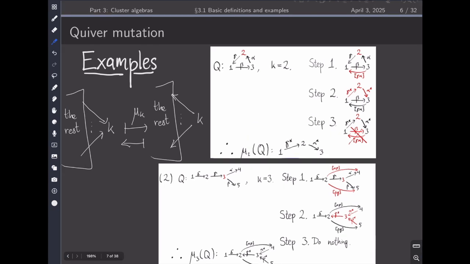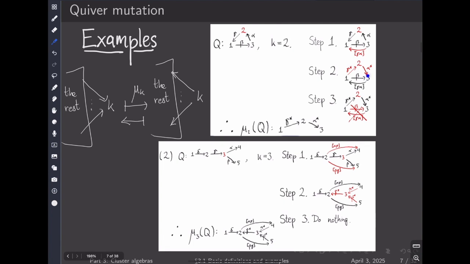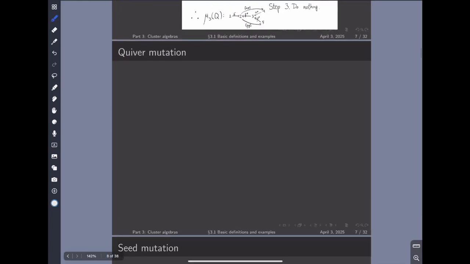But this is always the case, even in the less obvious situation where there may be composite arrows to introduce. So that's, let's say, a lemma.